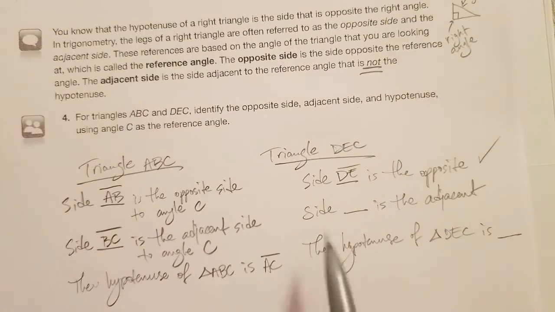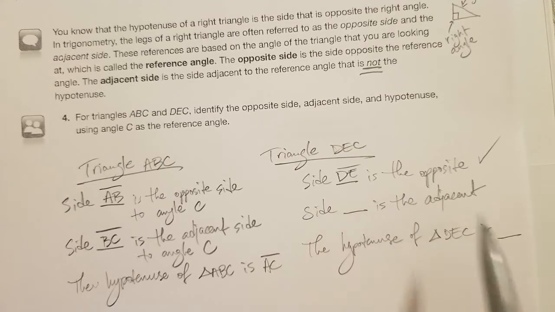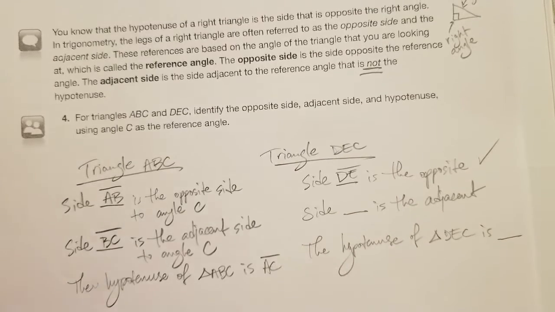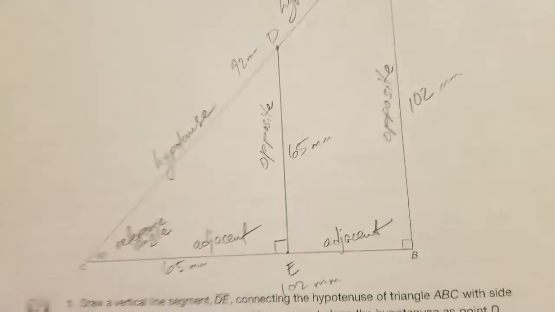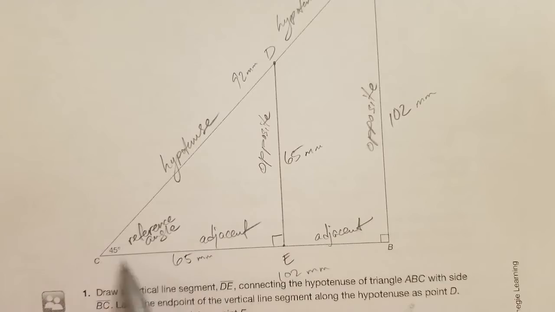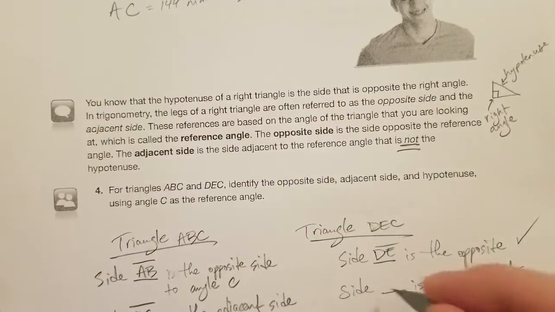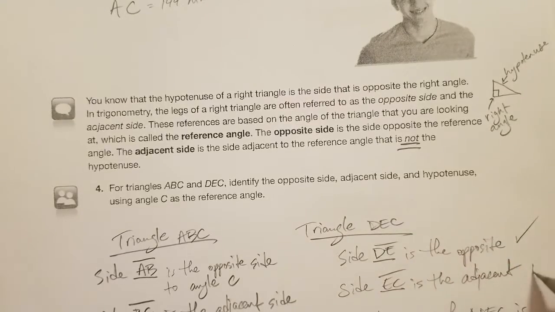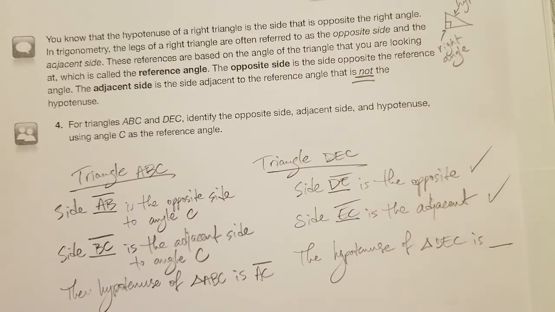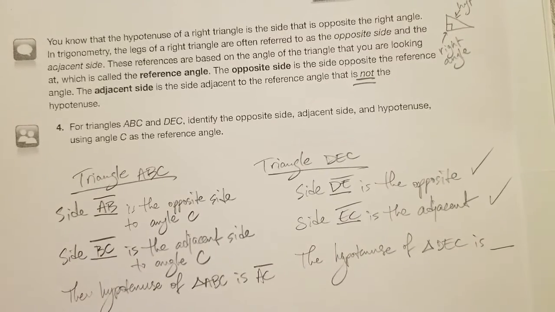Now, write down which side is the adjacent side of angle C. Okay, let's check. Angle C, the adjacent side is EC. If you put EC, give yourself a little check. All right. And then the last one, write down which side is the hypotenuse of triangle DEC.